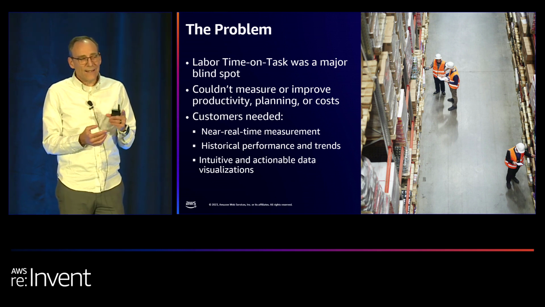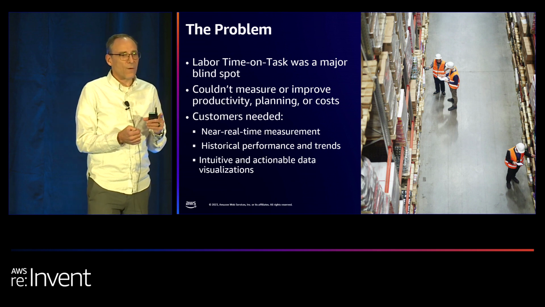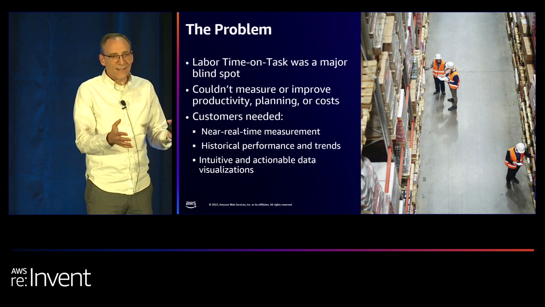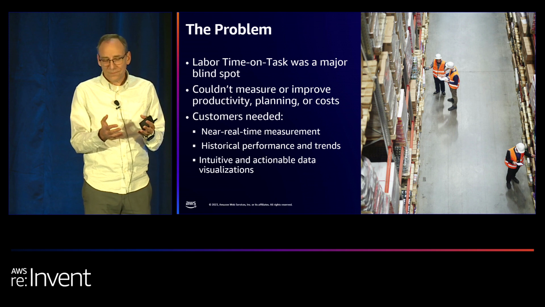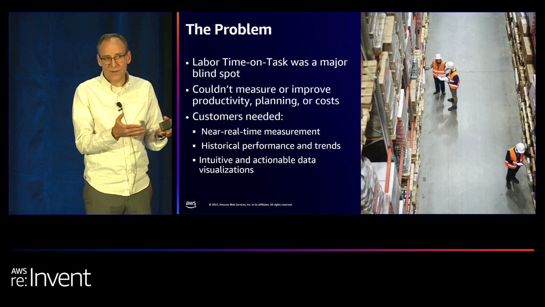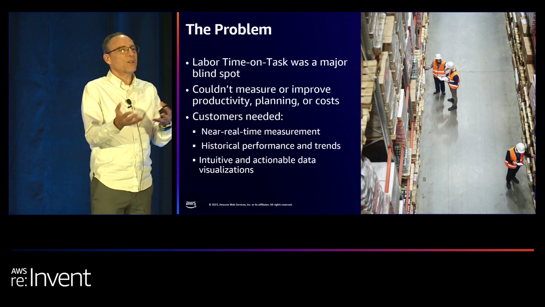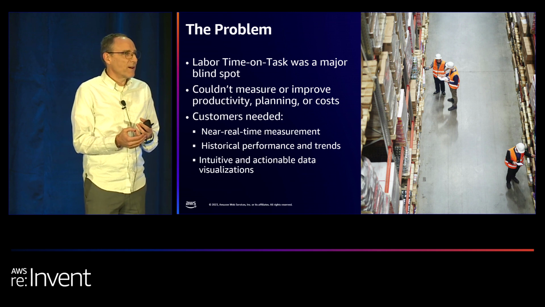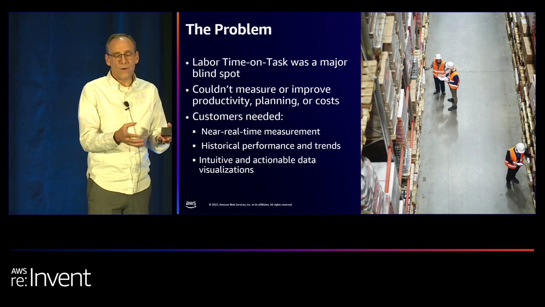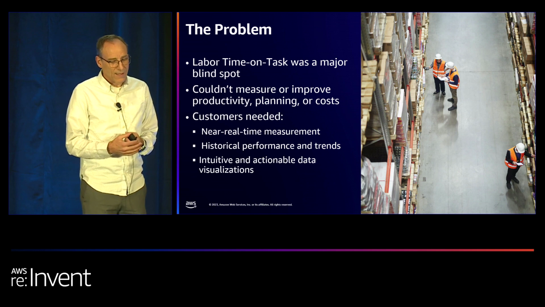And one of the needs that surfaced immediately is that for their everyday race, they needed a near real-time data pipeline. They needed to measure that in near real time. But they also needed to look at historical trends. How are we doing over time? Are we improving or are we going backwards?